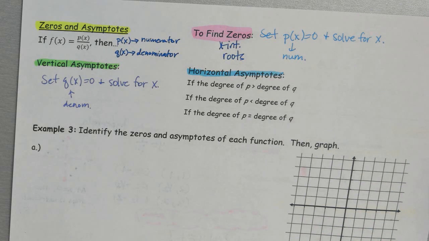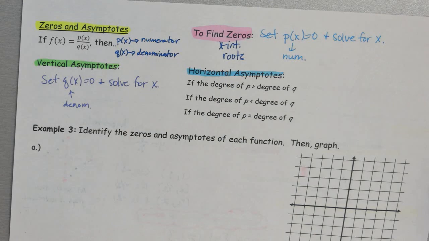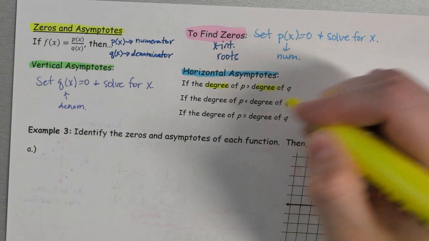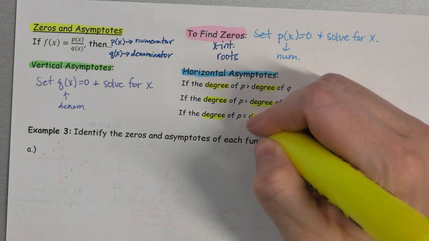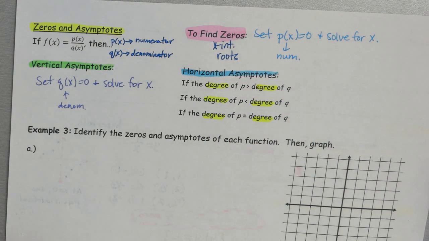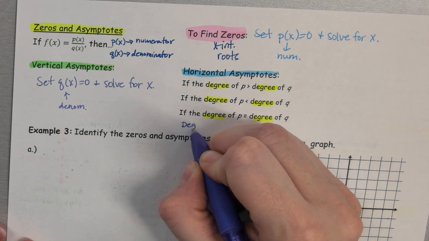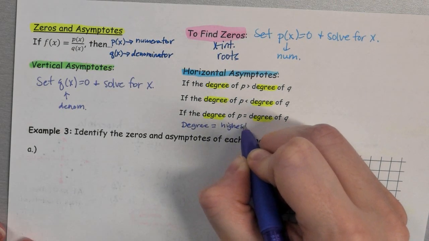Now, the horizontal asymptotes have special rules. Notice that in all of these rules, it says the degree of p, the degree of q. So this is all about the degree. Do you guys remember what the degree is of a polynomial? The highest exponent. Yeah, good, the highest exponent.